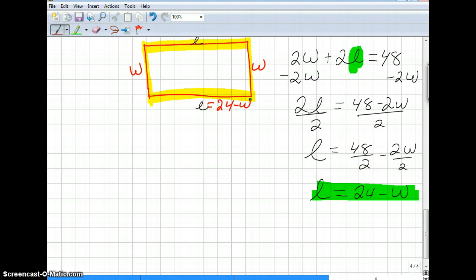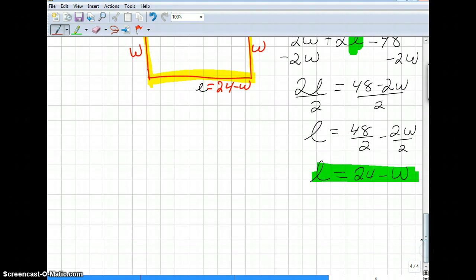Okay. Now let's go ahead and look at an example with the distance formula that we talked about earlier. So this is example 7.